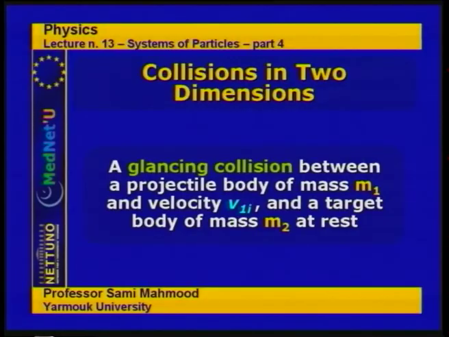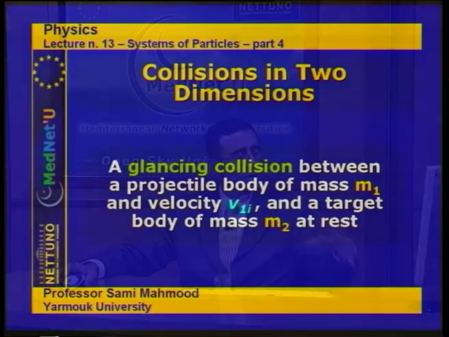If we consider a glancing collision, just touching between two objects, one of them is of mass m1, moving with velocity v1 initial, as a vector, because we are considering the motion in three-dimensional space in general, but we are reducing the problem into two dimensions. And a target object of mass m2 at rest.